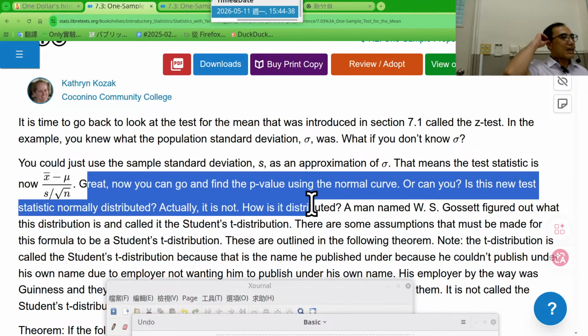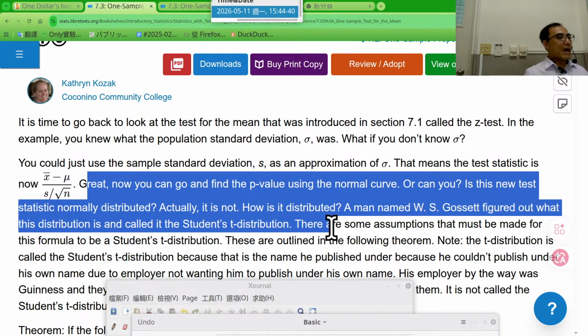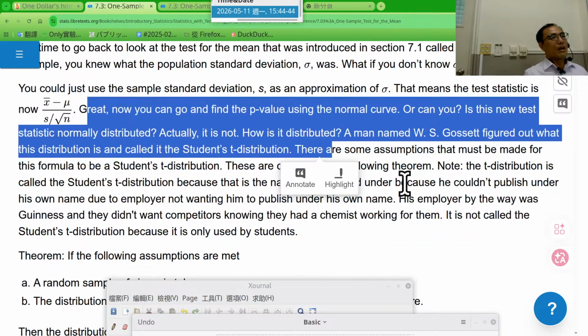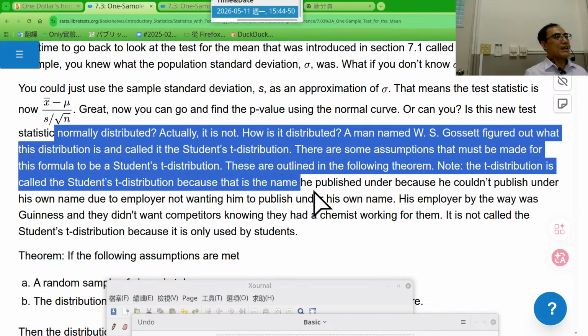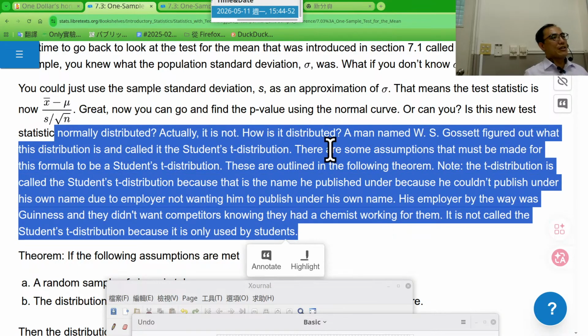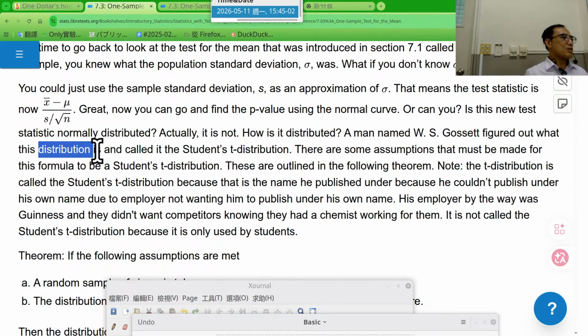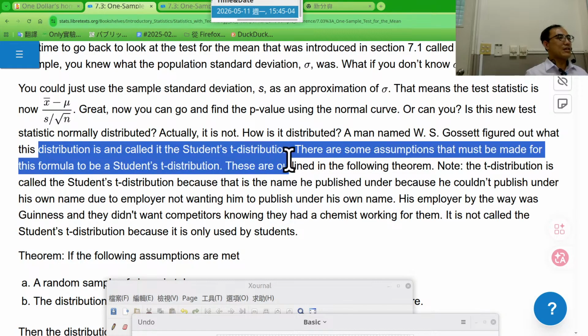Great. Now you can find a p-value using the normal curve, or can you? Is the test statistic normally distributed? Actually, it is not. How is it distributed? A man named W.S. Gossett figured out this distribution, called the Student t distribution.